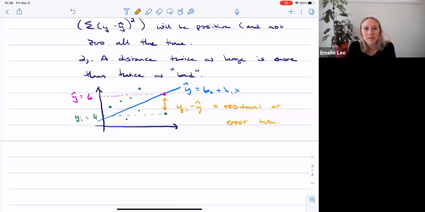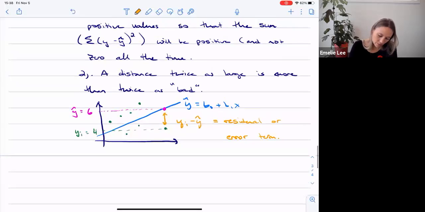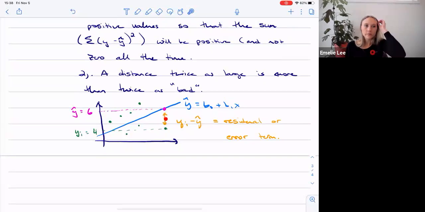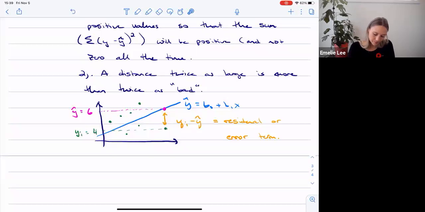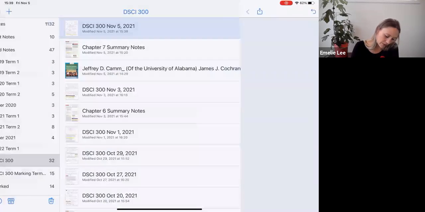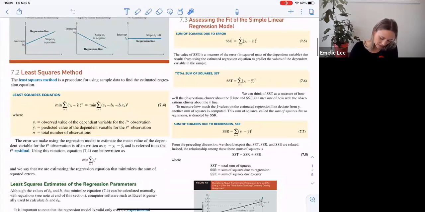So basically what we're trying to do, we are going to square each of those distances, but essentially we're trying to find the line that makes all these distances as small as possible, and that's going to be our line of best fit. So that's what the least squares regression line does.